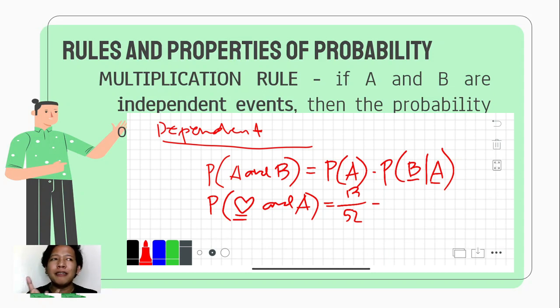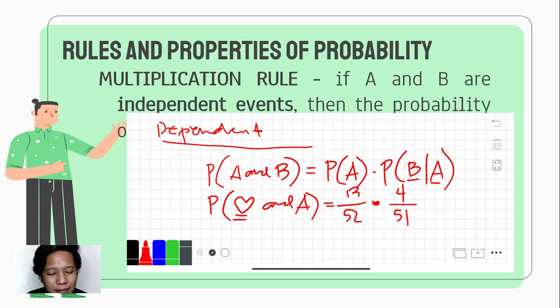So, ilang cards na lang yung matitira sa deck mo? That is 51. Okay? So, ilan ngayon yung ace na nandun sa card mo? So, we have 4 aces, di ba? So, the probability of getting an ace such that you already got a heart card is 4 over 51.